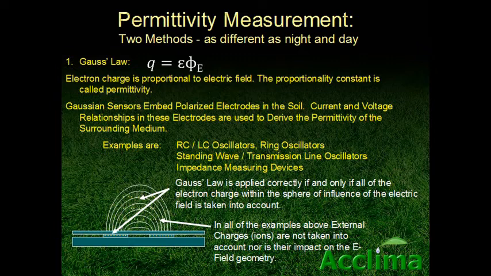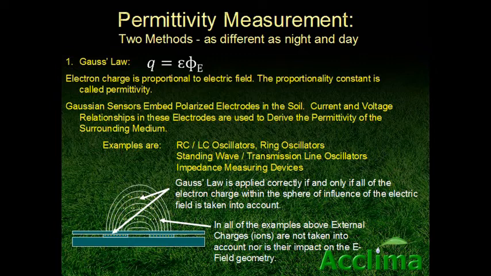The problem in applying Gauss's law is that it requires an accounting of all the electronic charge or currents within the influence of the electric field. Soil ions outside the sensor body are also electronic charges. They are not taken into account in the measurements made by these devices. Neither is the attenuation and distortion to the electric field caused by these external ions.